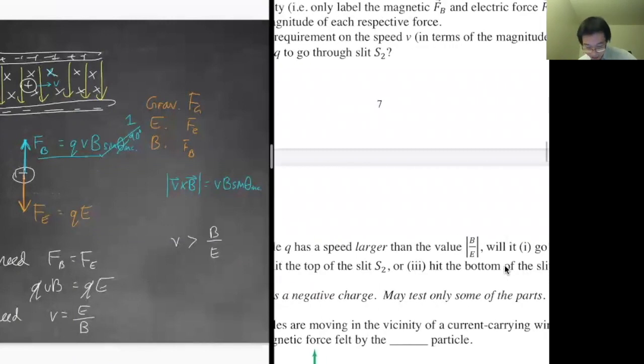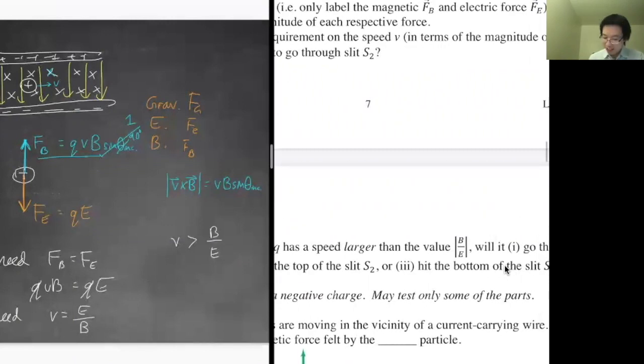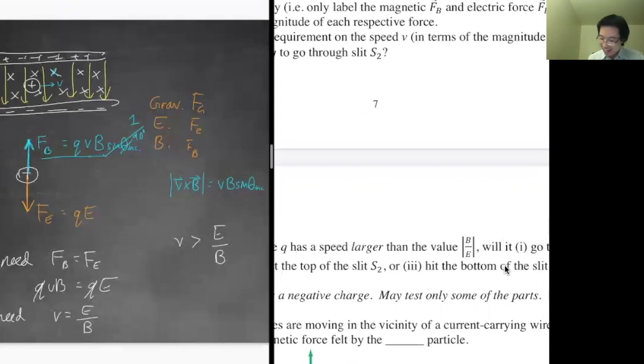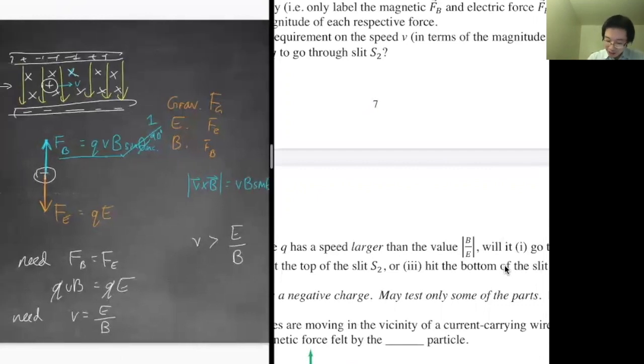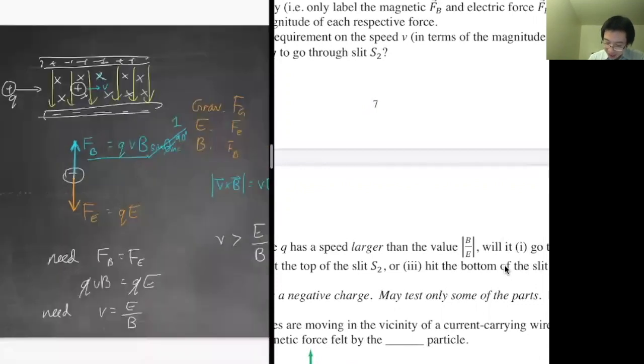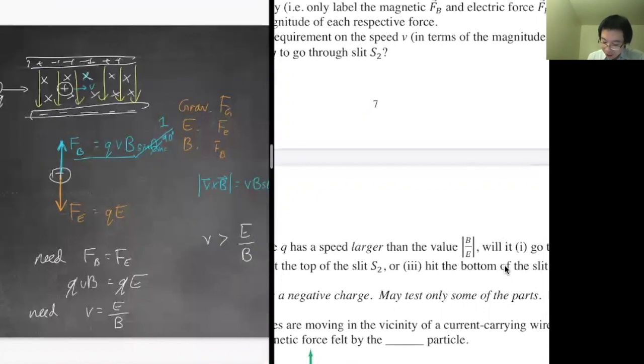Yeah, it should be E over B. Sorry, maybe that's why it confuses people. It should be asking for E over B. I'll change that, thanks. So if it's larger than E over B, what does that mean? Well, if V equals E over B, then you see that these 2 magnitudes are the same, right? Because let's say V is E over B.